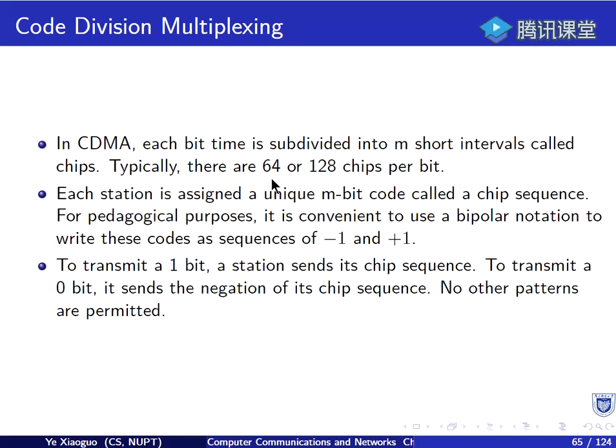Typically, there are 64 or 128 chips per bit. To transmit a 1 bit, a station sends its chip sequence, while to transmit a 0 bit, it sends the negation of its chip sequence. No other patterns are permitted.